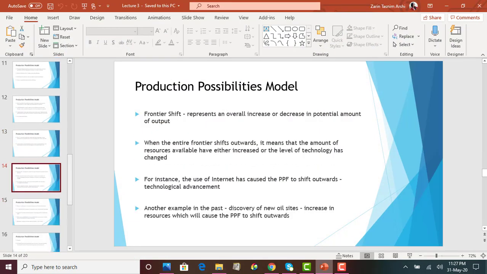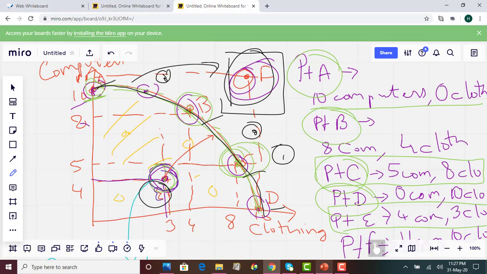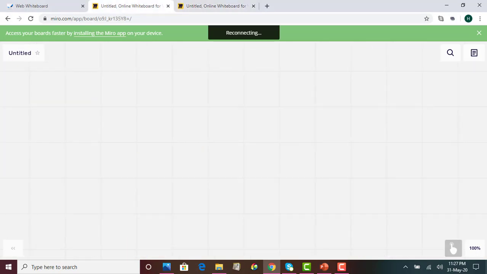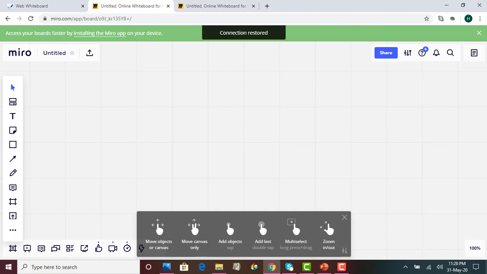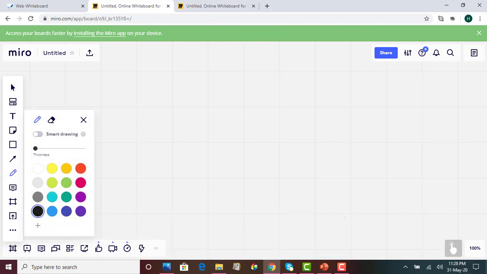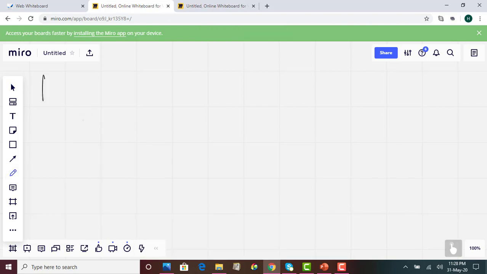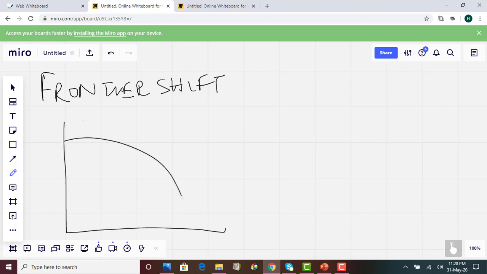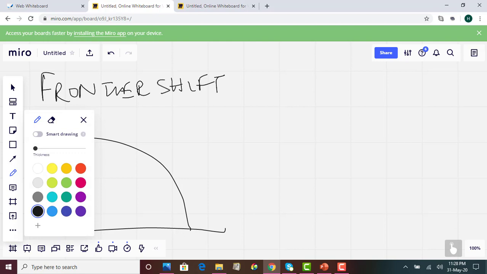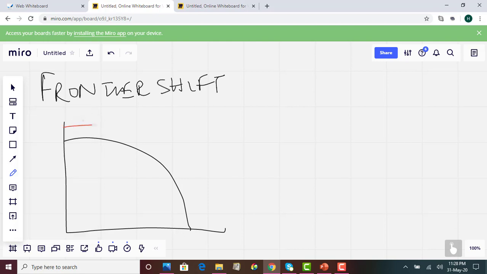This PPF, this production possibility frontier, can have frontier shifts. What it's basically saying is that a PPF looks like this, but it can shift to the right or it can shift to the left.